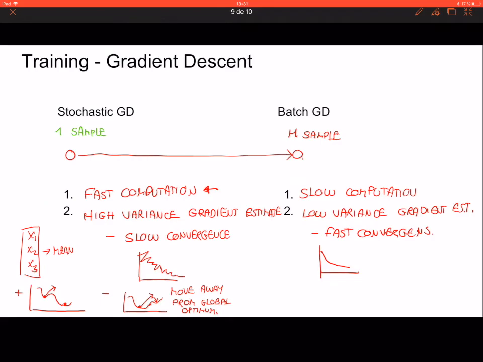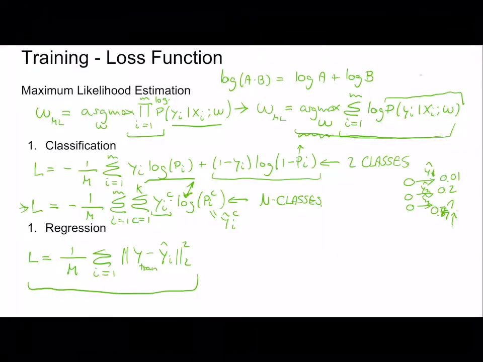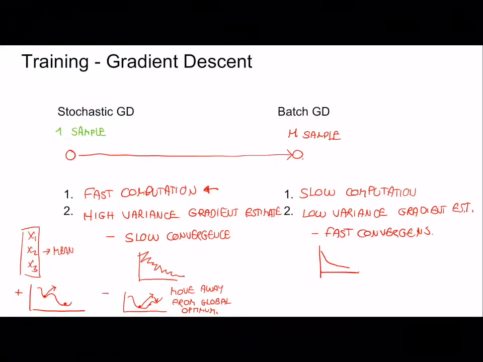Sorry about that. Okay, so another issue that we might face is that now, instead of being able to jump away from local optima, we might get stuck in a local optimum.